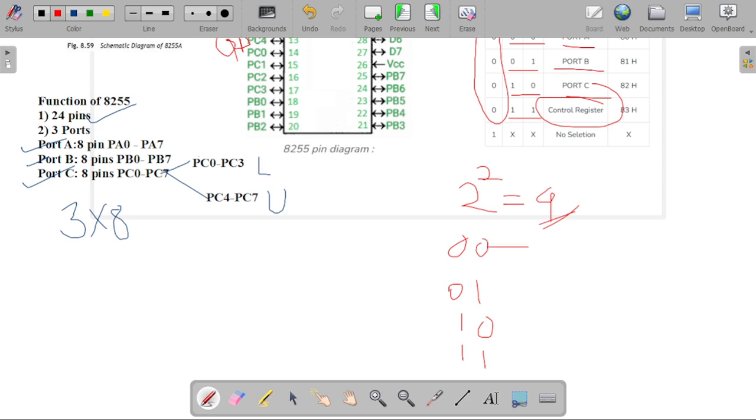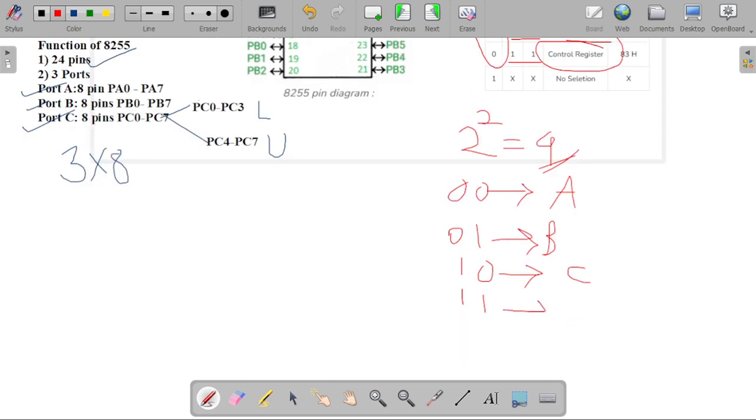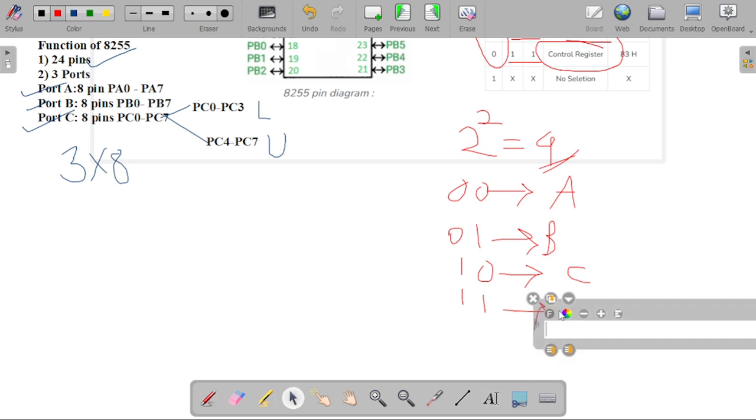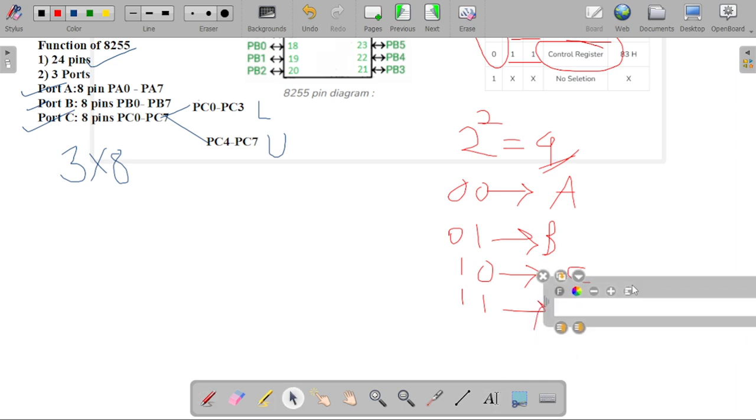If it is 0 0, then port A will be selected. If it is 0 1, then port B will be selected. If it is 1 0, then port C will be selected. And if it is 1 1, then the control register will be available in our 8255 architecture.